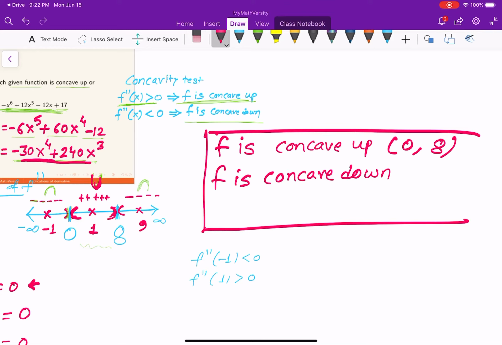We have the second derivative negative from negative infinity to 0, and then from 8 to infinity. So we can write that as negative infinity to 0, and then 8 to infinity. We can combine these with a union sign if we want. Some authors also write a comma, but I think the union is the nice way to combine these intervals.